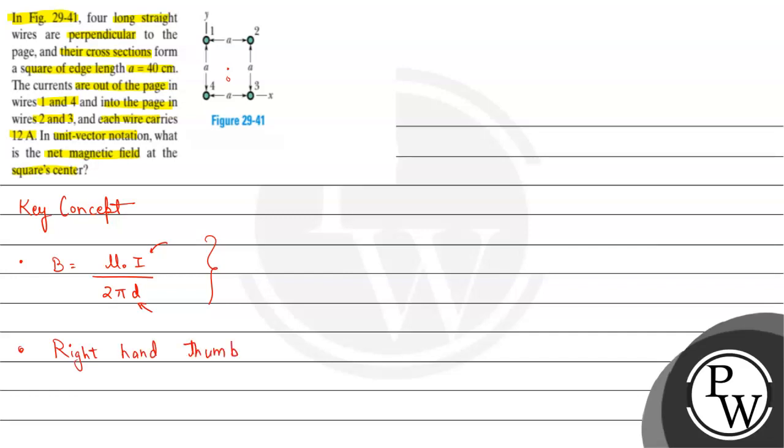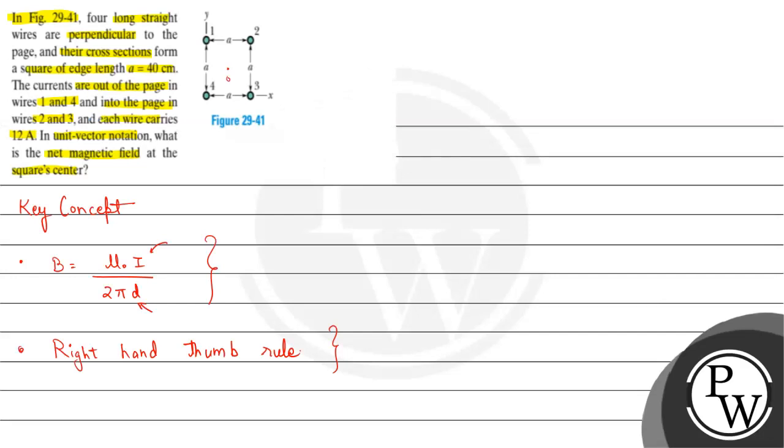What does the right hand thumb rule say? It says that when we put our thumb in the orientation of current direction in the wire, then the curl of our fingers tells us the direction of magnetic field at a point around that wire. So keeping these two concepts in mind, let us find our solution.